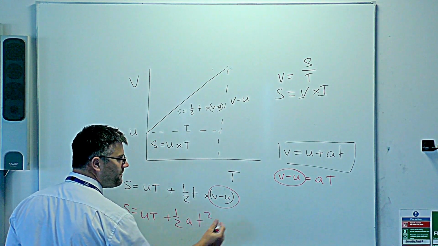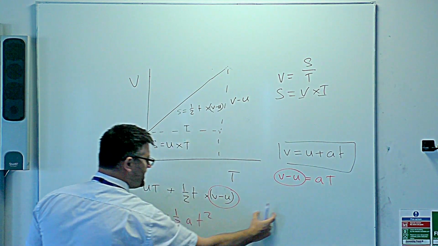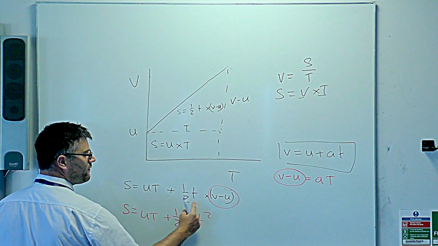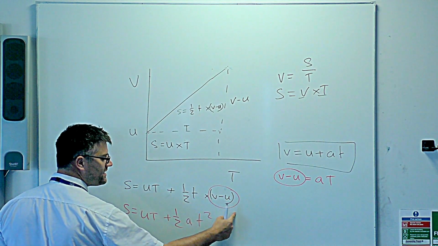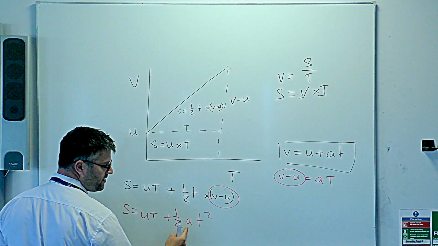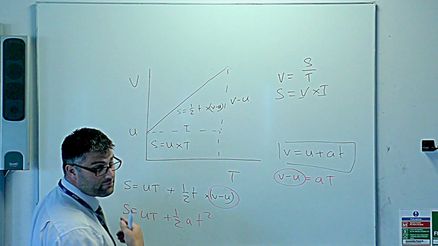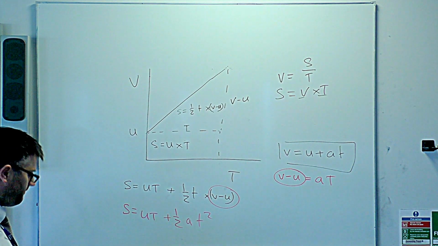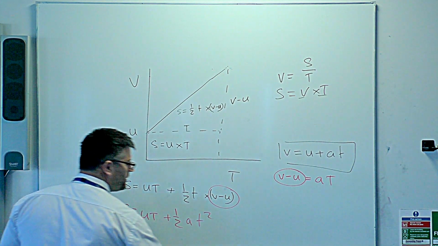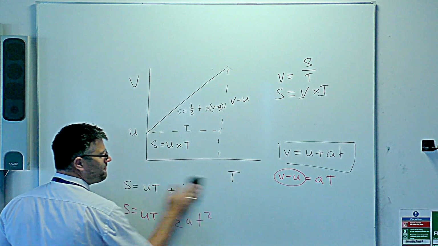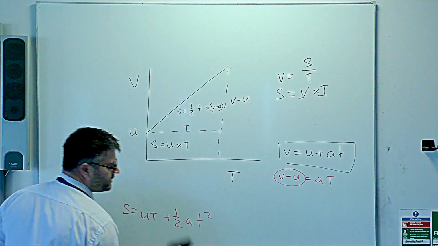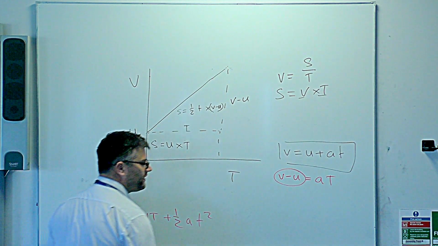Why is it t squared? Because we've brought an a and a t to replace there. We've already got a t there, so t times t is t squared. A and a half was there before. Okay, rewind that, go back through it, make sure you're happy with the algebra that's going on there. So that's our second equation there. I'll write it over here so it's out of the way.